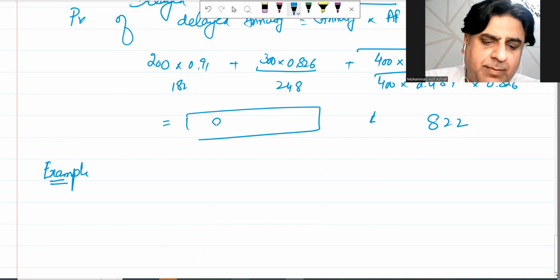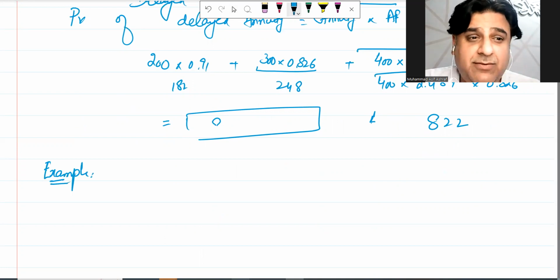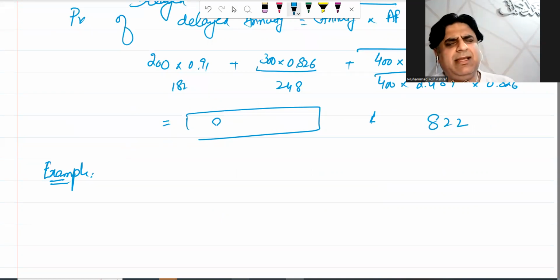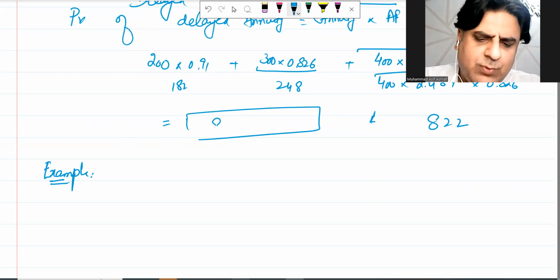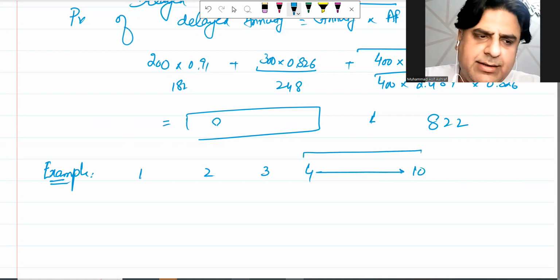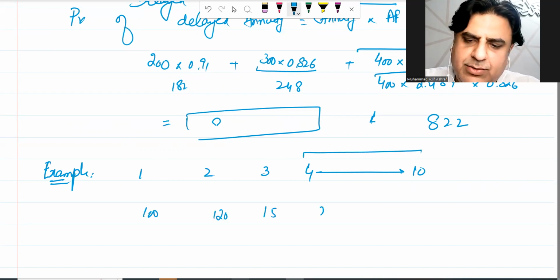Next example. Now you see how many examples I am solving, just for the sake of better understanding. We will focus on as many examples as possible. Years 1, 2, 3, 4 onwards, we have an annuity from year 4 to year 10. Cash flows 100, 120, 150, 200.